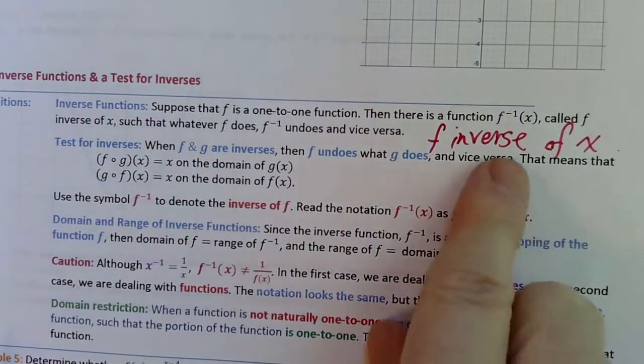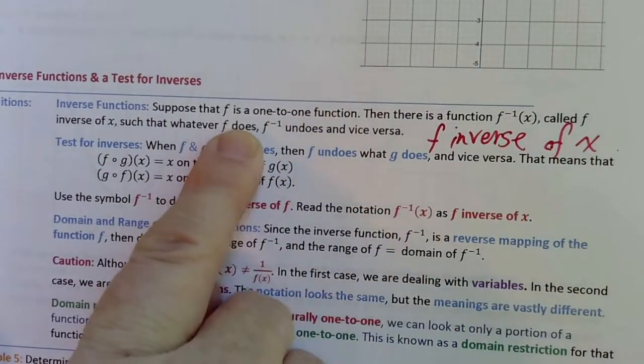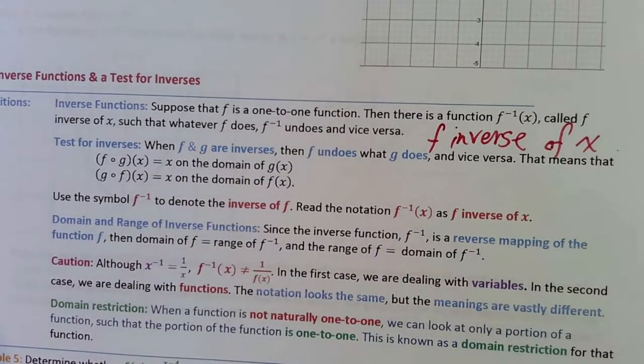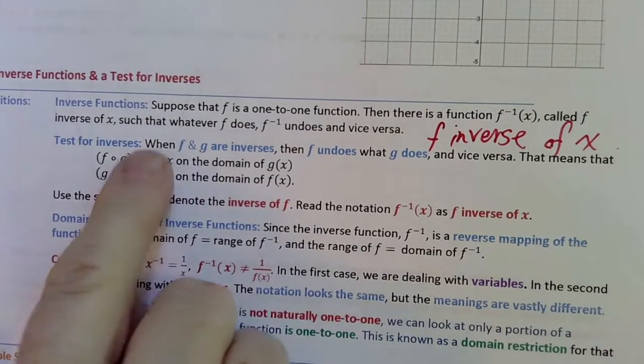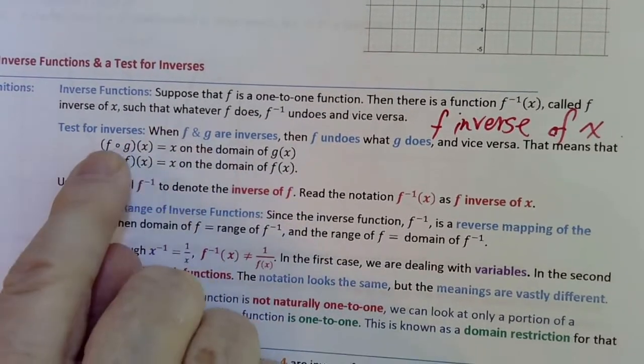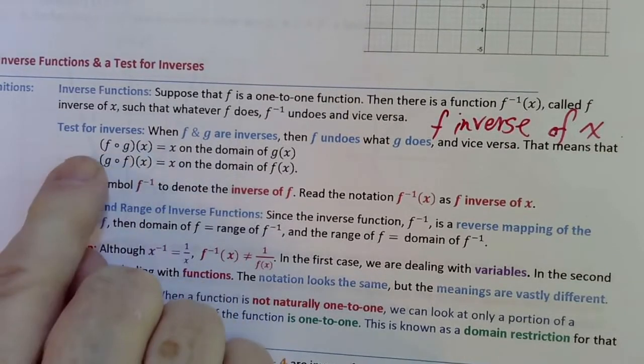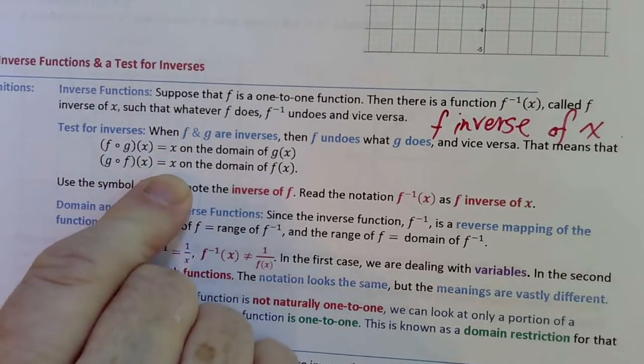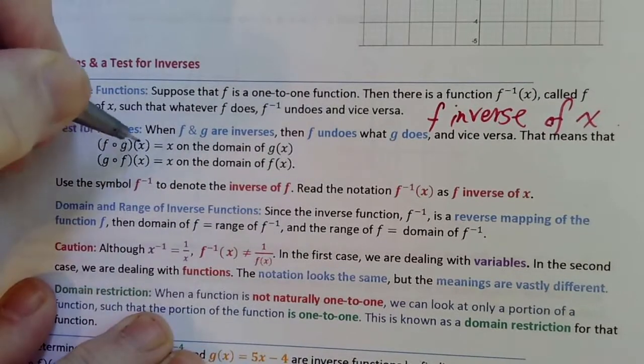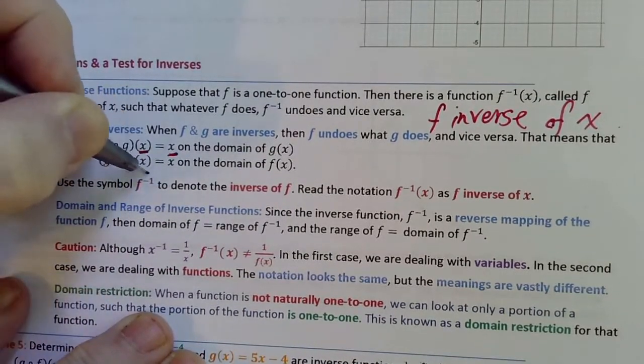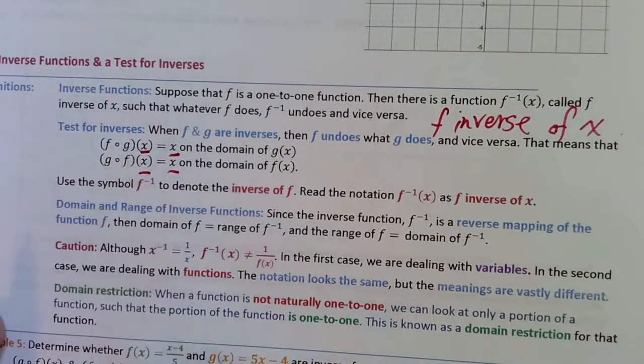F inverse of x undoes whatever f does, and vice versa. When two functions are inverses, the composition both ways equals x. Whatever is plugged in is what comes out when f and g are inverses.